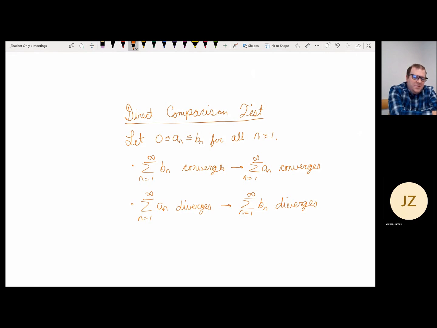One of the most common errors I see with this test is students will find a larger series b sub n that diverges and conclude that the original series has to diverge, which again is not true. You find a larger divergent value, but that does not mean that the smaller one diverges.